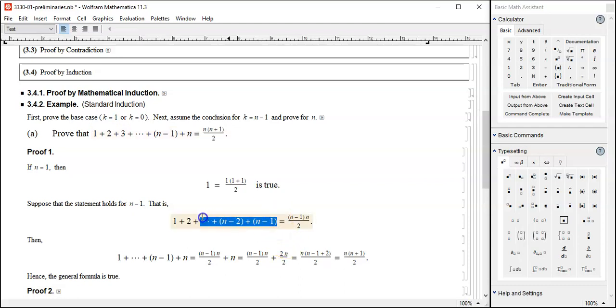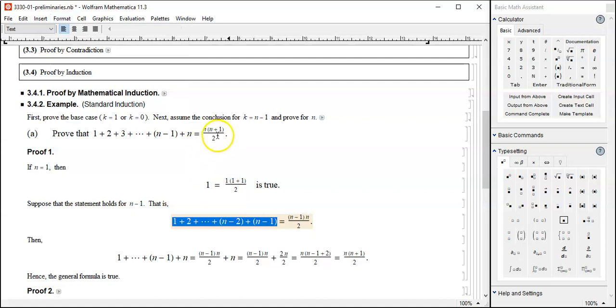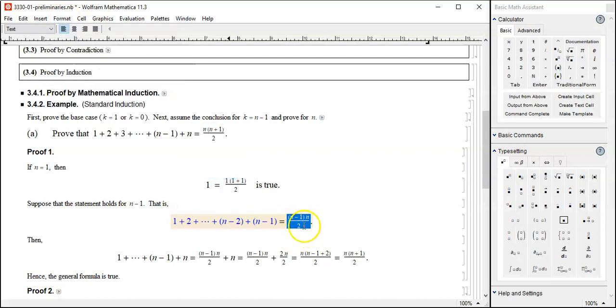So it doesn't go all the way up to n. It stops at n-1, and this side we have to adjust appropriately. Instead of n, we plug in n-1.